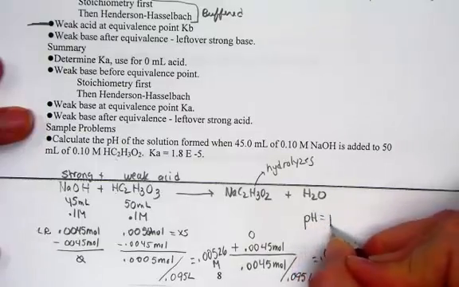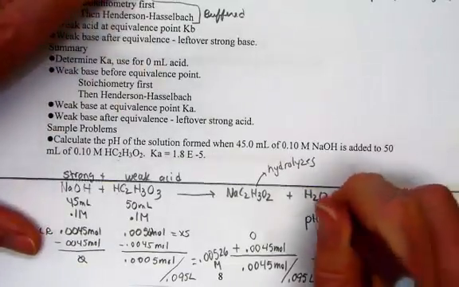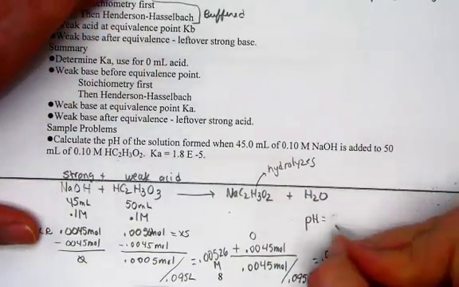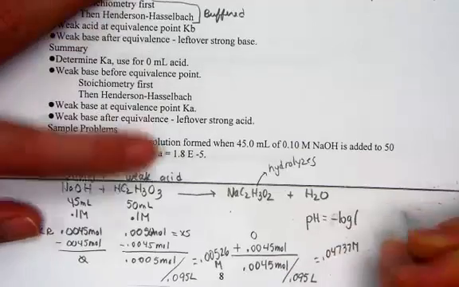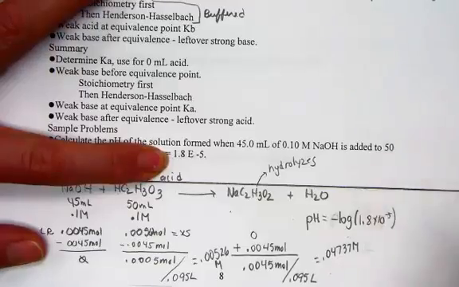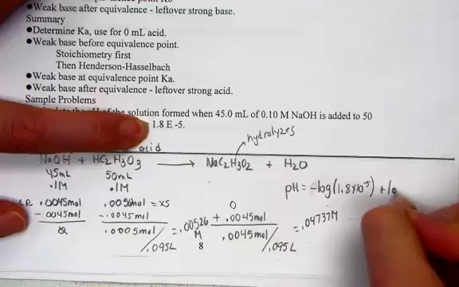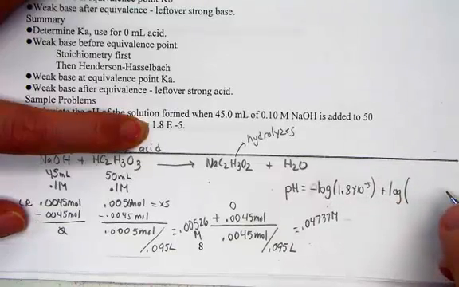pH is found by taking pKa, and pKa is just the negative log of the Ka value, and I think I'll just write that directly. Negative log of the Ka provided, 1.8 times 10 to the negative fifth, plus the log of the ratio of base over acid.